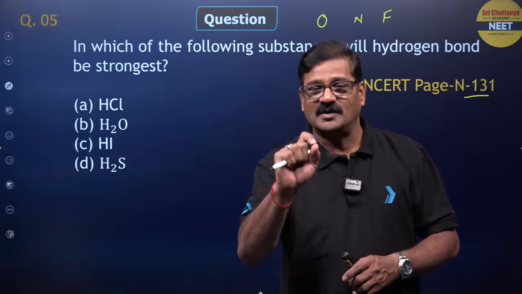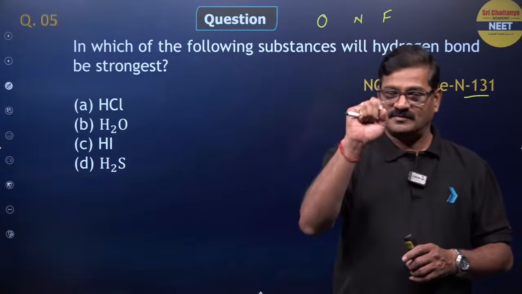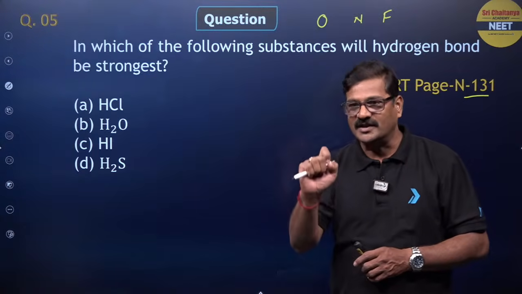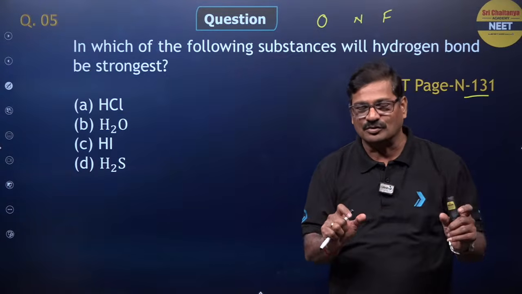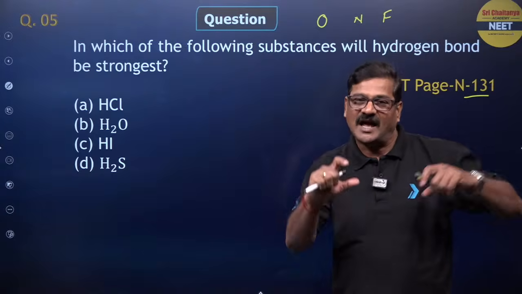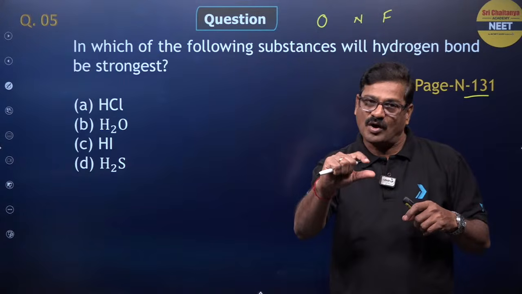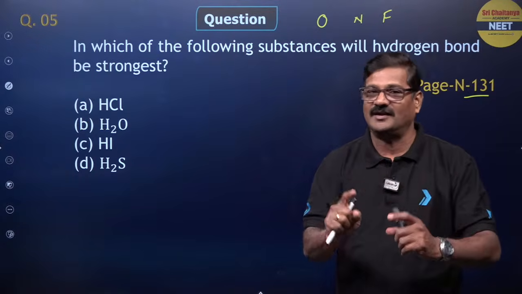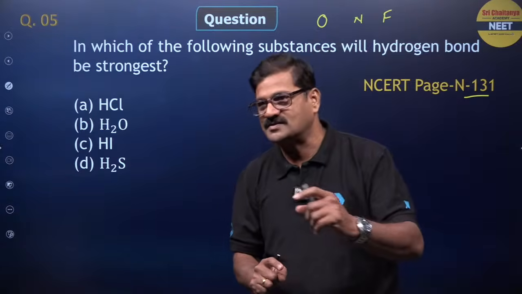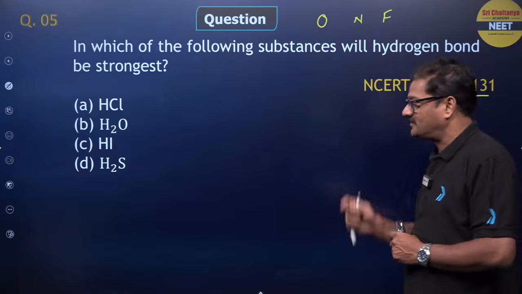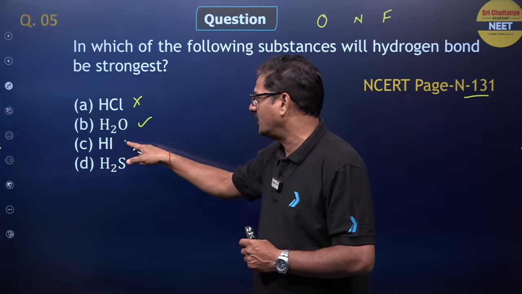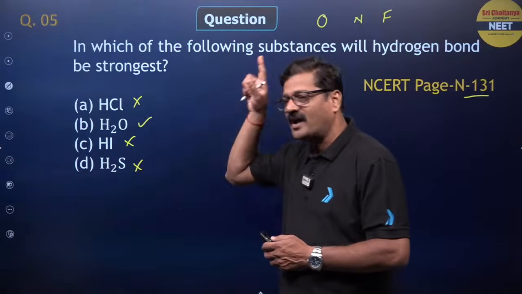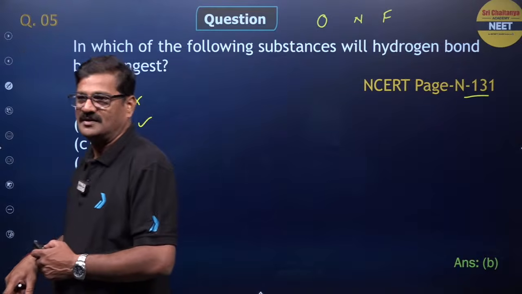Due to high electronegativity, hydrogen bond form करने के लिए जो condition आता है, the electronegative atom should be attached to the hydrogen. That electronegative atom should be small enough and should have high electronegativity. So based on this you can see here O, N, F. So here chlorine nahi hoga, water hoga, iodine nahi hoga, sulfur nahi hoga. My answer for this question is going to be B.